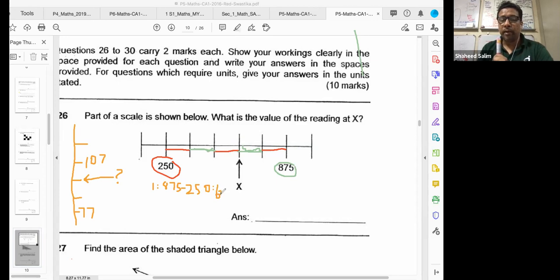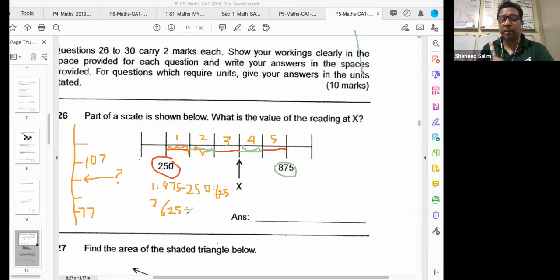Now 625, Miss Shafia, you must count the number of parts. How many parts are there? 1, 2, I label here, 1, 2, between the two numbers, 3, 4, and 5 parts. So take 625 divided by 5, then you will get how much is 1 part.